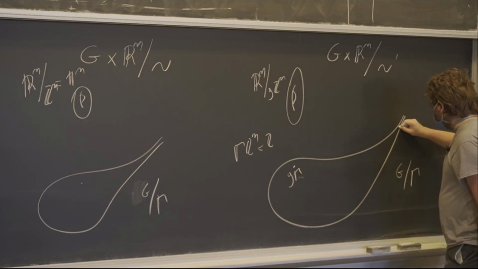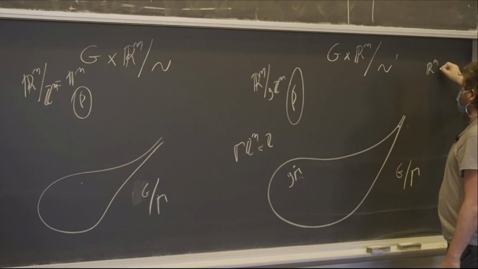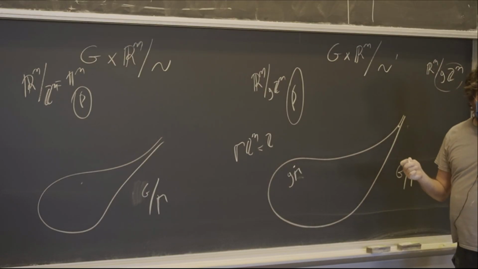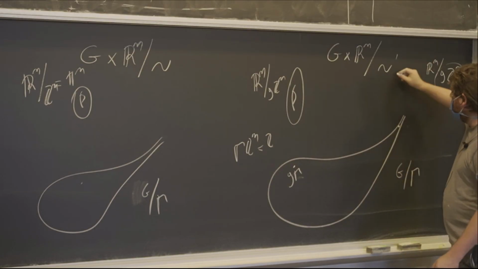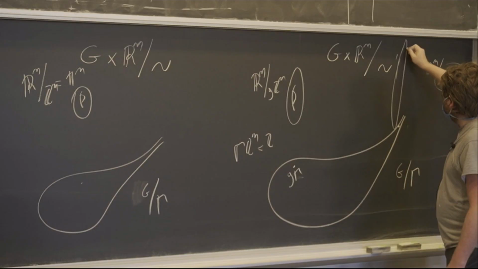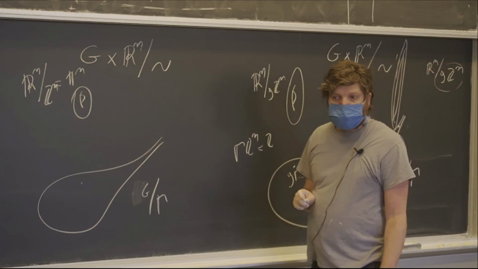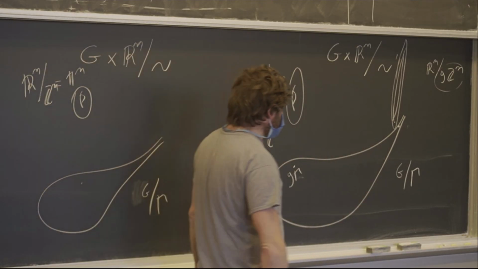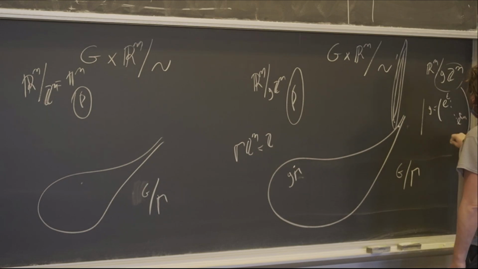Now, if I'm here, then this Rn mod G Zn is a very distorted guy when I'm pushing on the cusp, which means that the guy here will be a very long and thin torus, or very distorted torus.